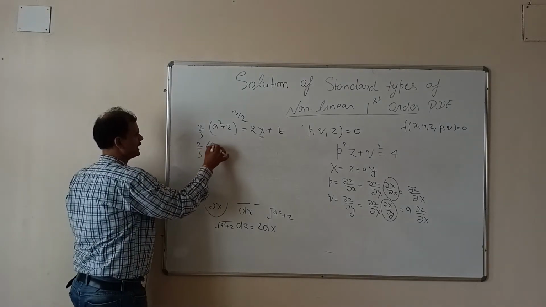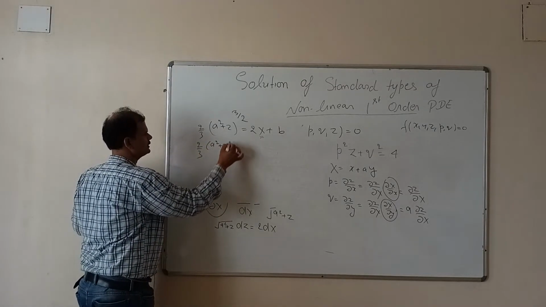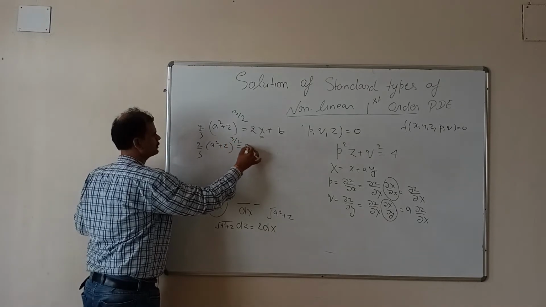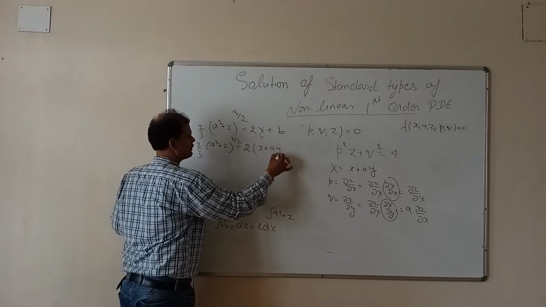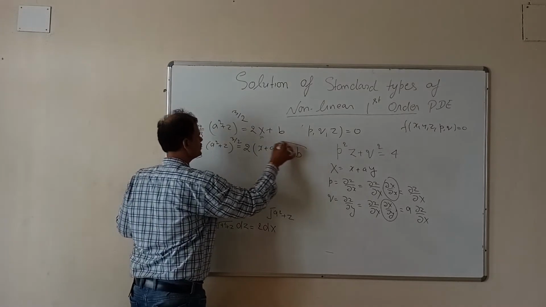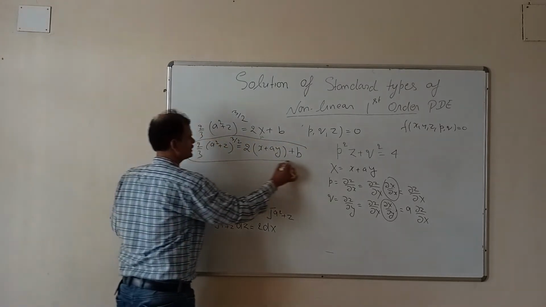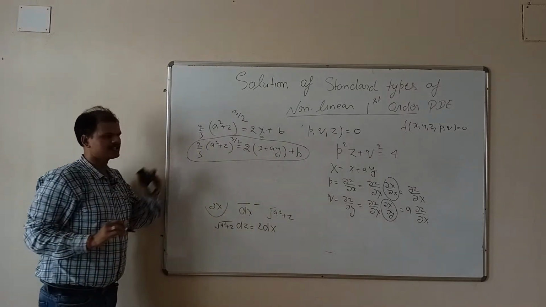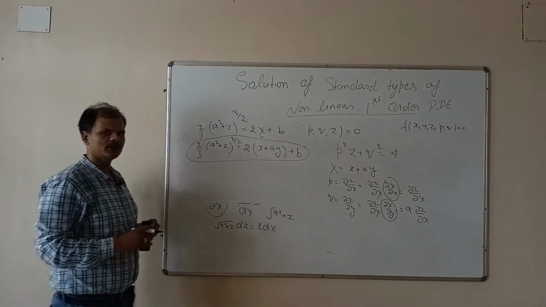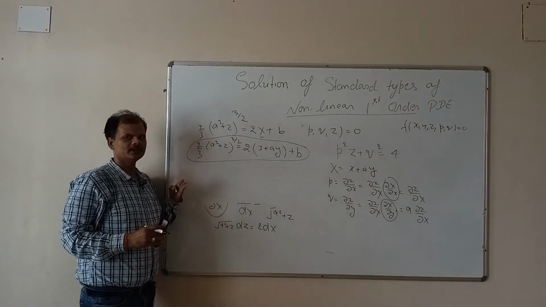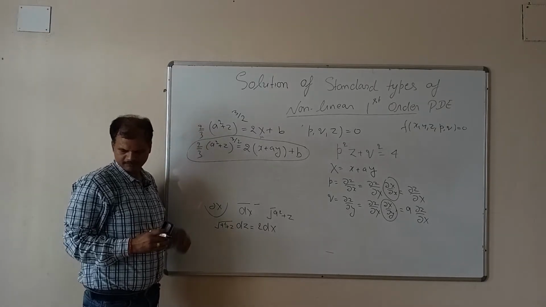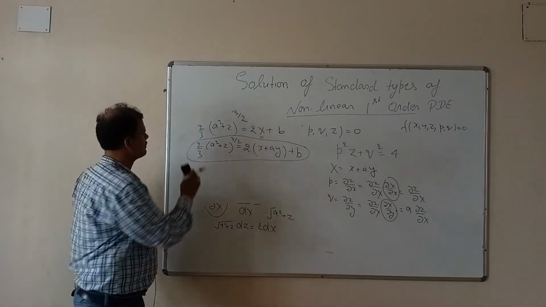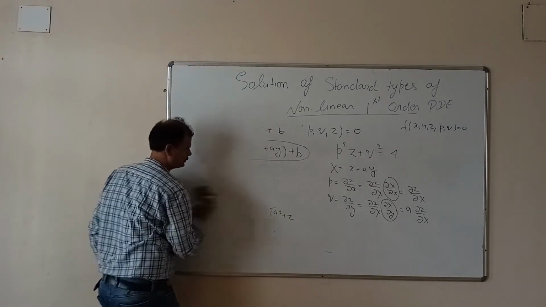So 2 by 3 into a square plus z to the power 3 by 2 equal to 2 into x plus ay plus b. So this is the solution of the given PDE. Using this transformation, we convert the given PDE into the form of an ODE, and then we have simplified it.